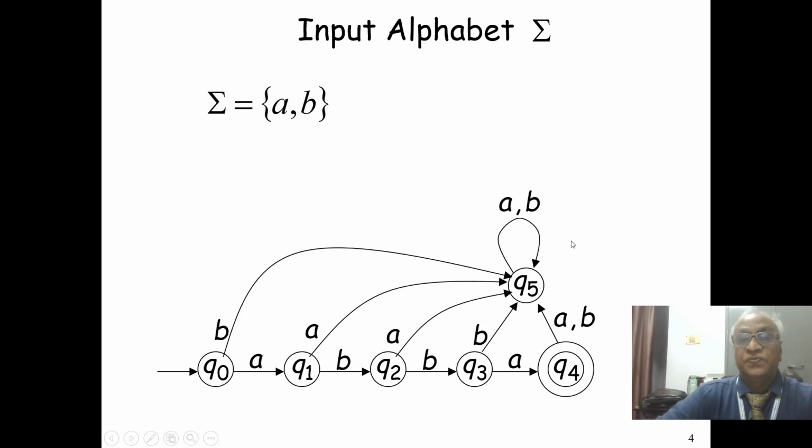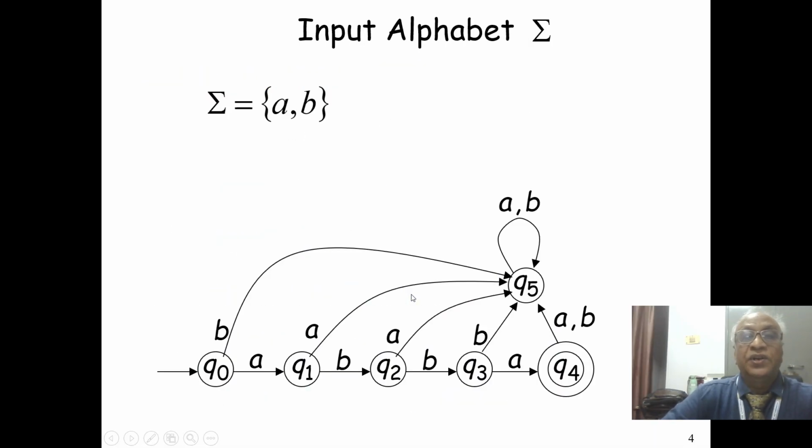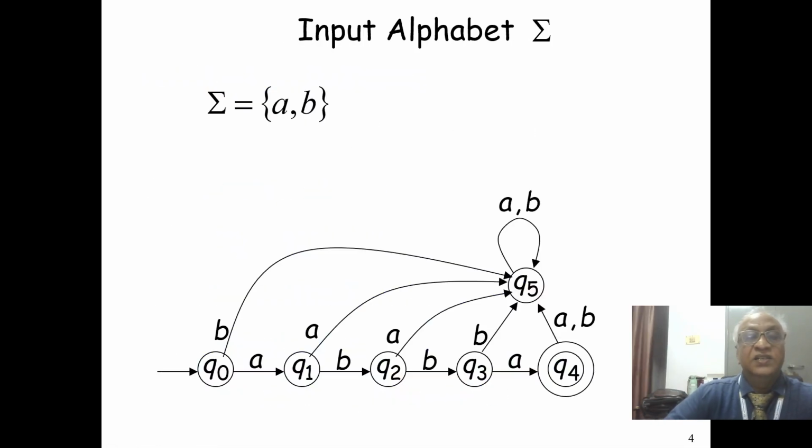If you look at this transition diagram and want to compare that with the 5 tuple here, Q is set of states which consist of Q0, Q1, Q2, Q3, Q4, Q5. Then sigma is input alphabet consists of A, comma B. Then delta is transition function.